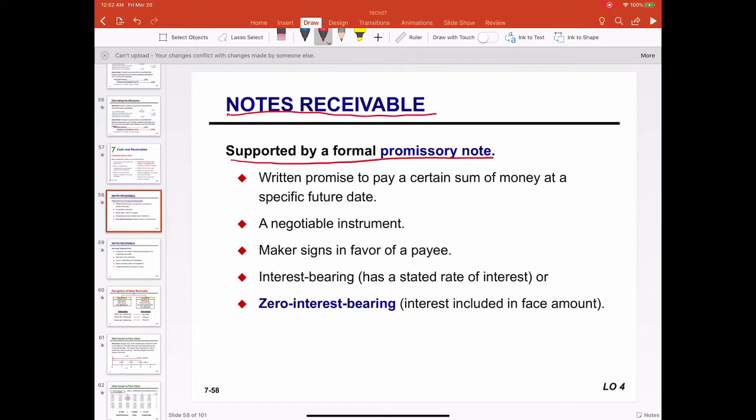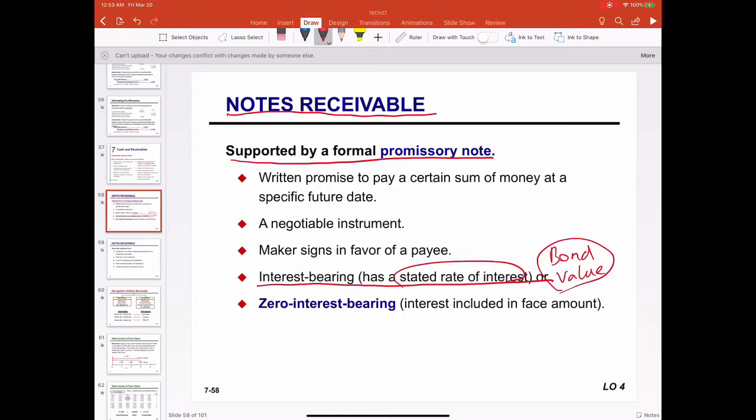Because notes receivable usually take a longer time to be received, we should account for the time value of money. For the interest bearing notes, which have a stated rate, please refer to the bond valuation we talked about in chapter 6. It's quite similar.